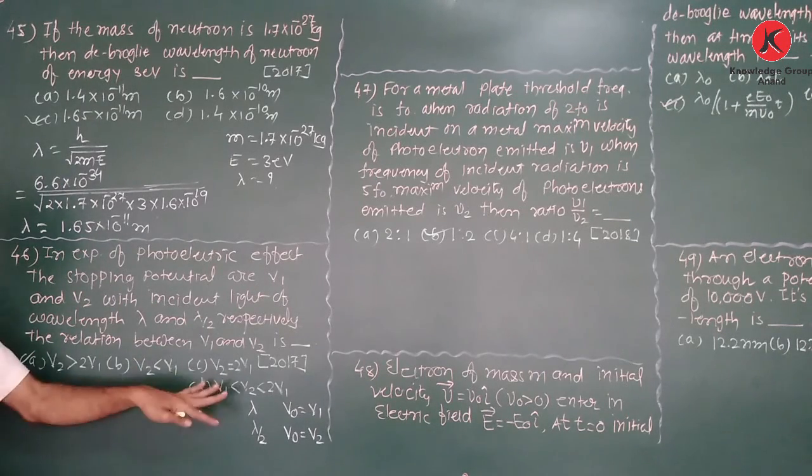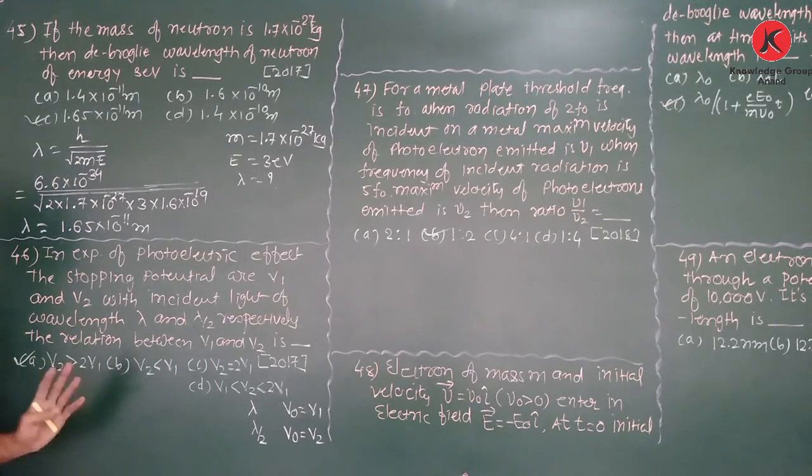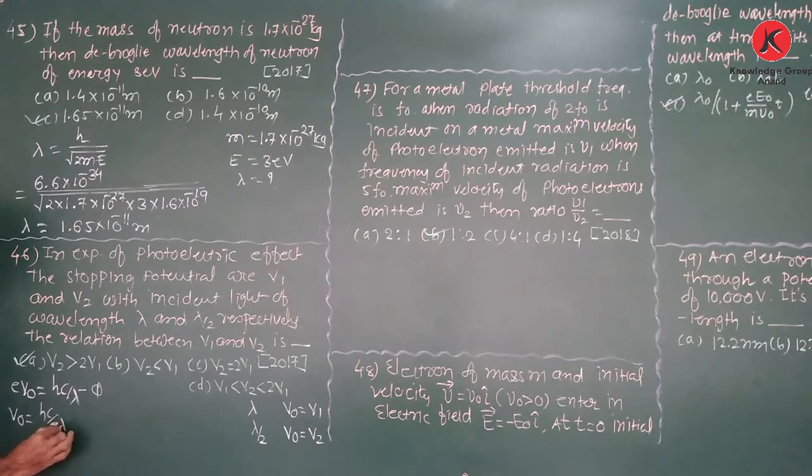Now, for that purpose, we know Einstein's photoelectric equation: eV0 is equal to hc upon lambda minus phi. Therefore, the stopping potential V0 is equal to hc upon e lambda minus phi upon e.